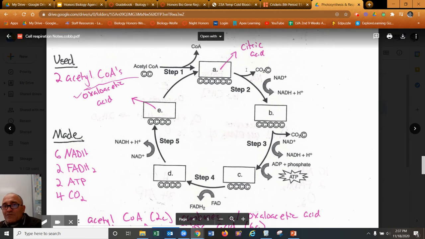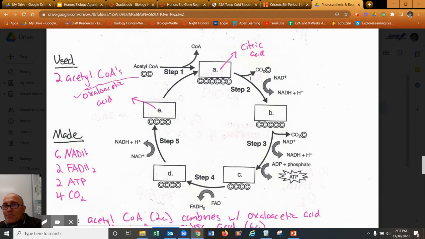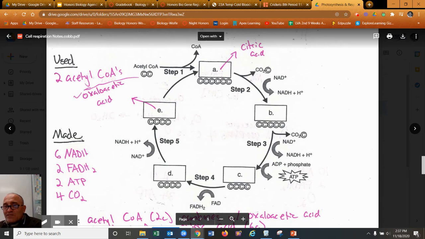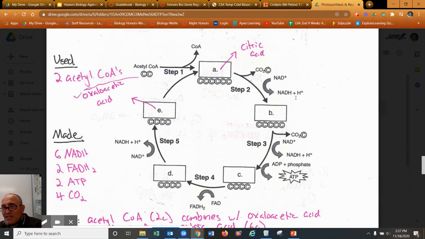And as it goes through the cycle, some things happen. The carbon dioxide that we all produce is released here in this Krebs cycle. And then all these NADHs, which carry a lot of energy, are produced. Something called FADH2 as well.